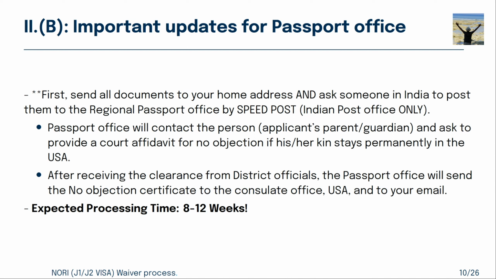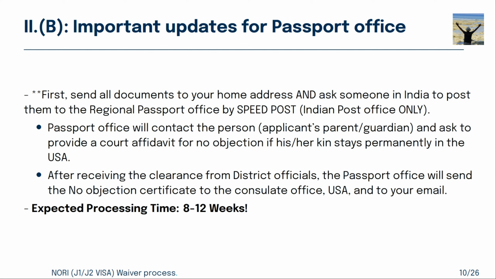Okay, second thing, the passport office will contact the applicant's parent or guardian, and ask them to provide a court affidavit for no objection if their daughter or son wants to stay permanently in the USA. There is a standard template in every court, and you can contact any lawyer, and they will charge some money, like a few hundred, and then they will provide that affidavit, and you have to submit that affidavit to the district office here.